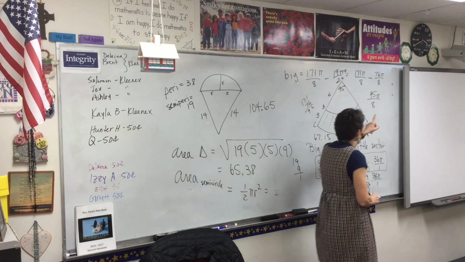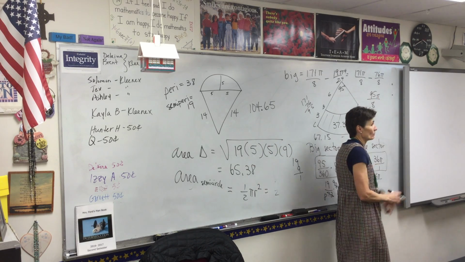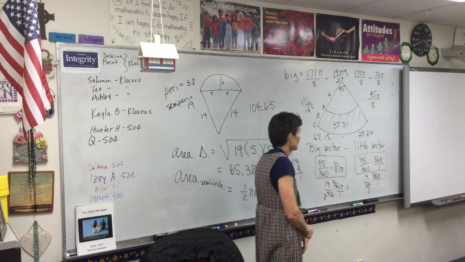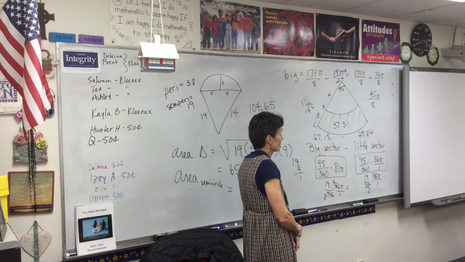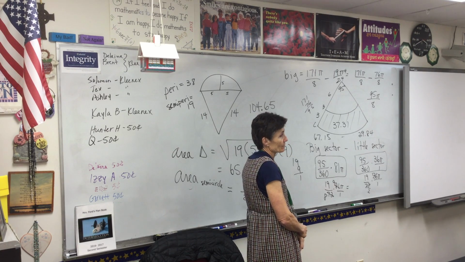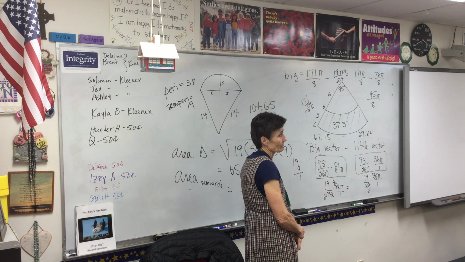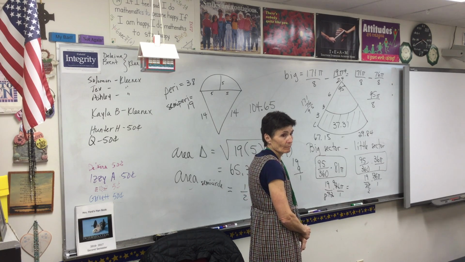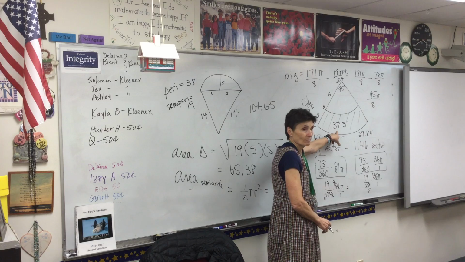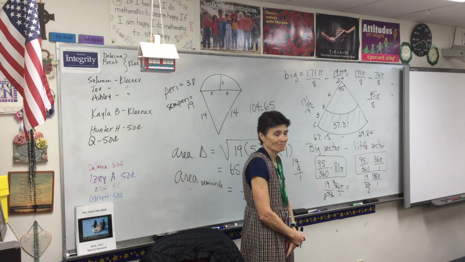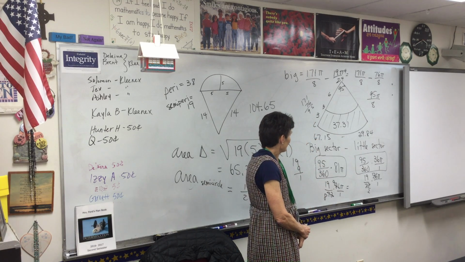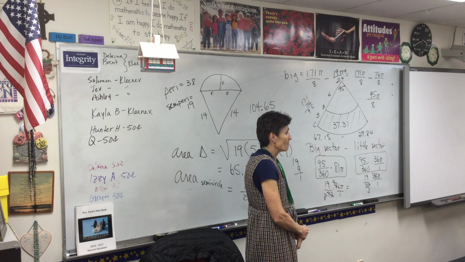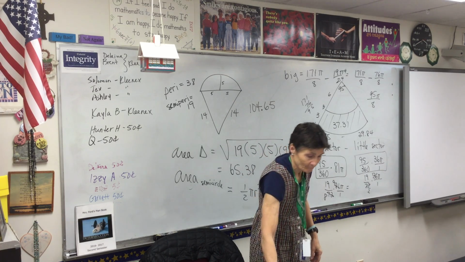Okay. Now, just for fun, type in 95 pi over 8. 37.31. Wow, that's a massive problem.